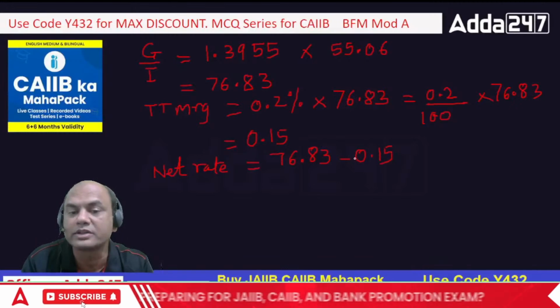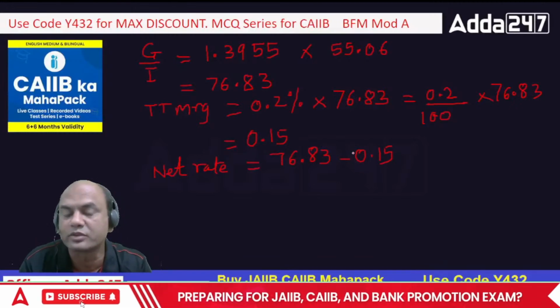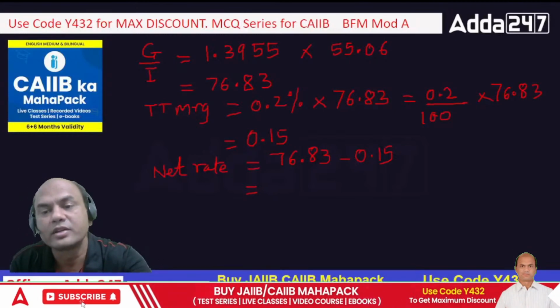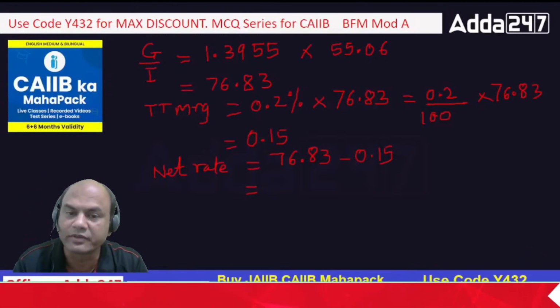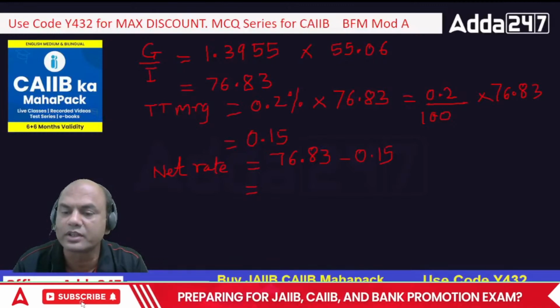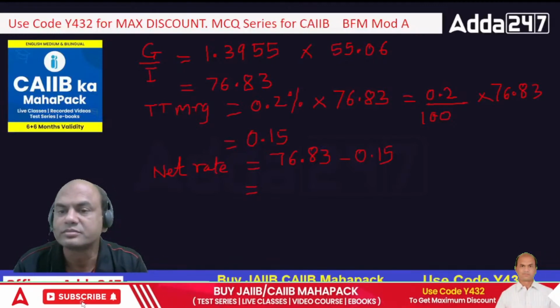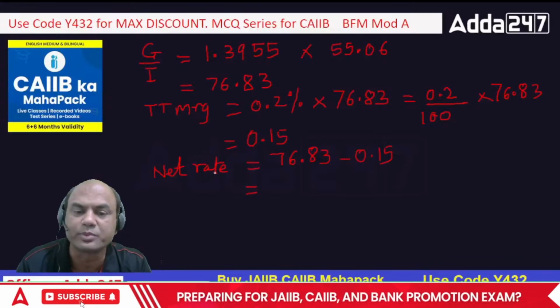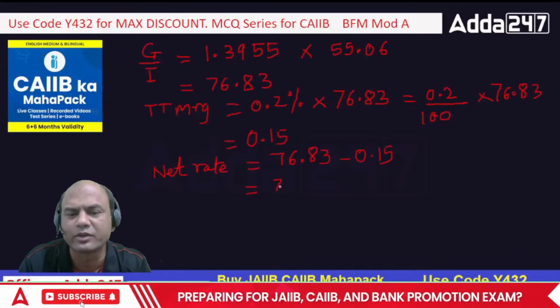Why minus? Because TT margin, I am buying, so minus. Just now I told you. So what is the answer now? 76.83 minus 0.15. What are you getting? Roughly 76.67. Everyone, right? 76 point roughly 67, 68 something you might be getting.